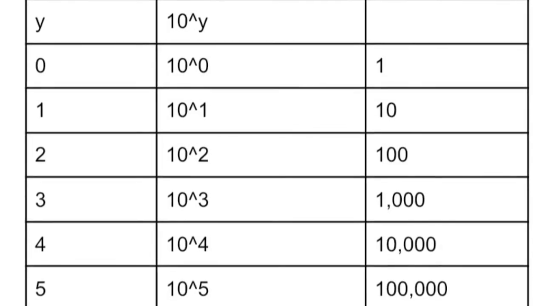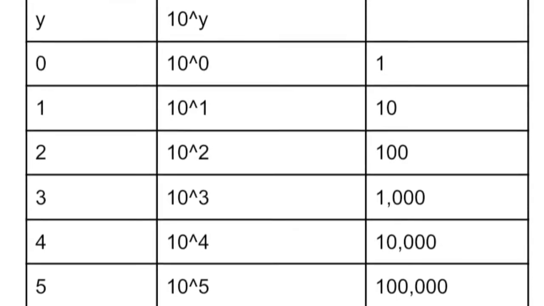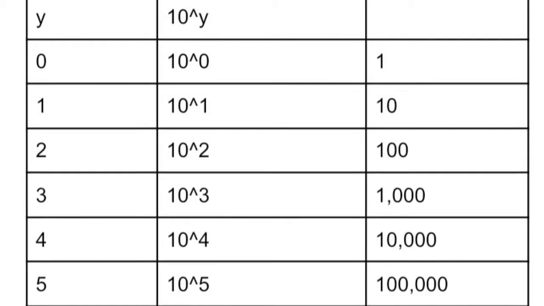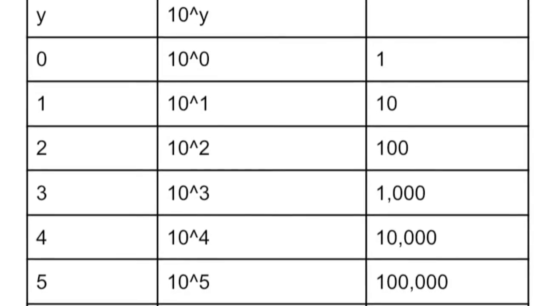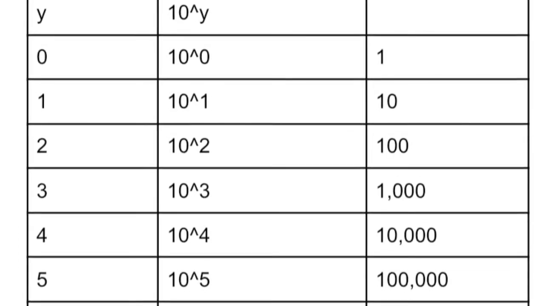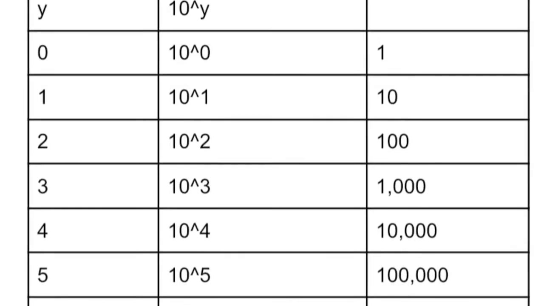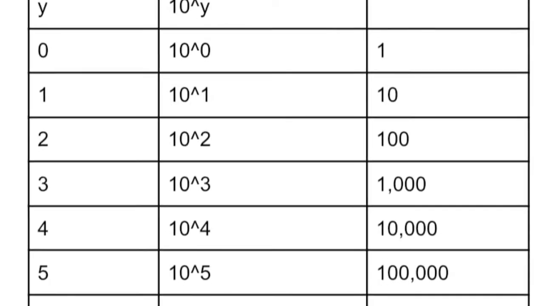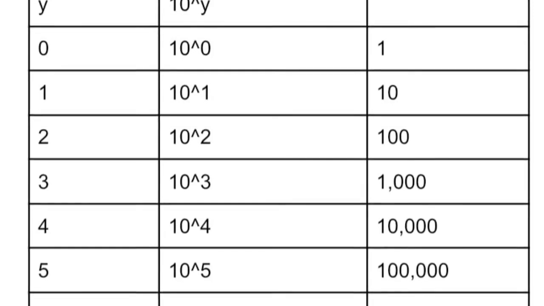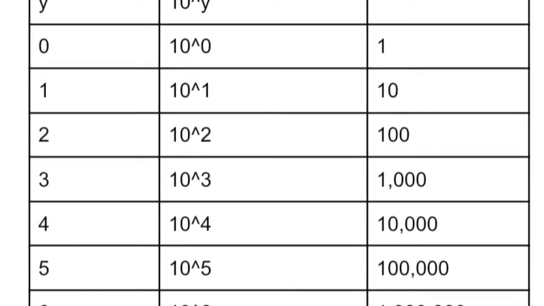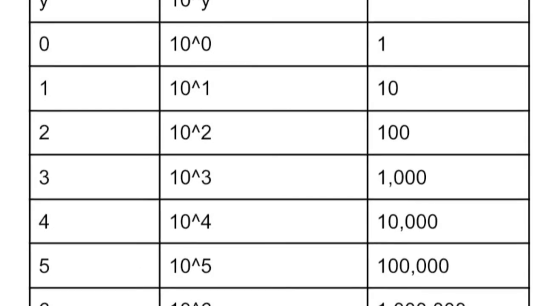So instead of graphing 1, 2, 3, 4, 5, 6, 7 on the vertical axis, we graph 10 to the exponent 1, which is 10, and then 10 to the exponent 2, which is 100, and 10 to the exponent 3, which is 1,000, 10 to the exponent 4, which is 10,000, 10 to the exponent 5, which is 100,000, and so on.